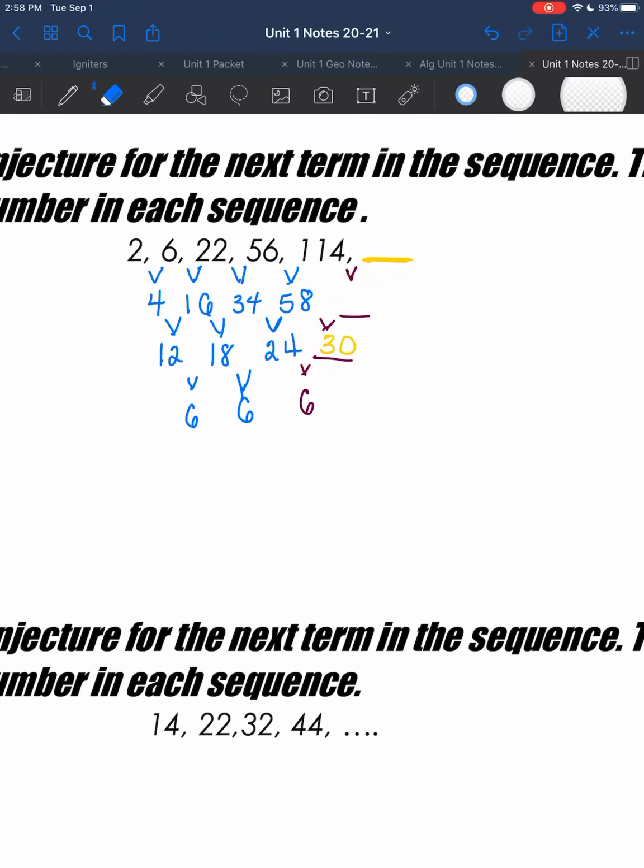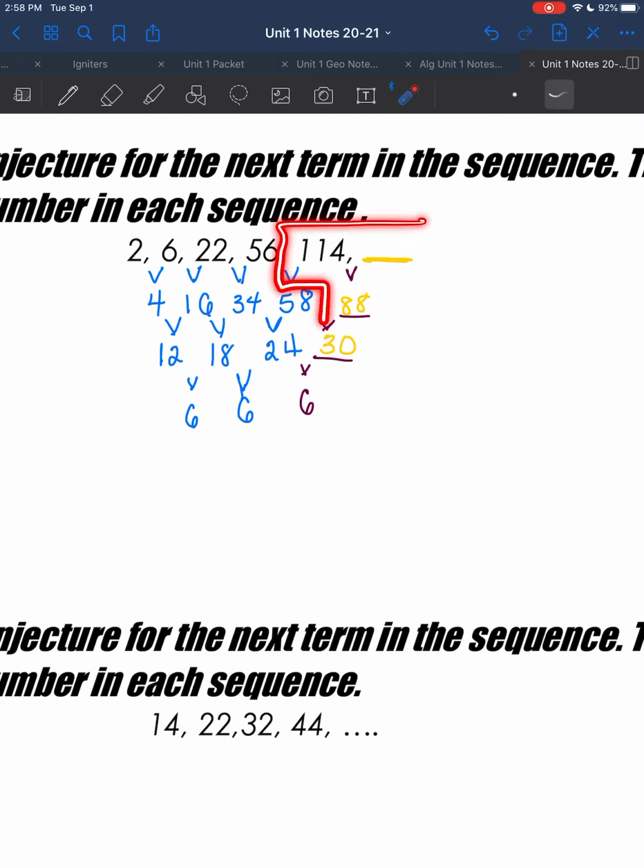So I'm going to erase this part. Now moving up to this blank, if I call this x, I would say x minus 58 equals 30. So I would add 58, x equals 88. So now instead of x, that becomes 88.